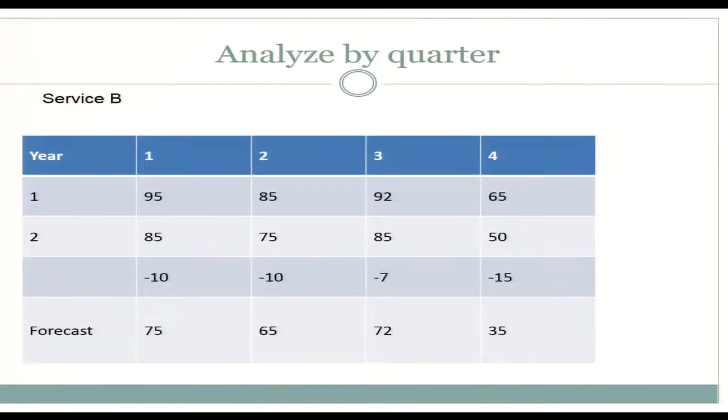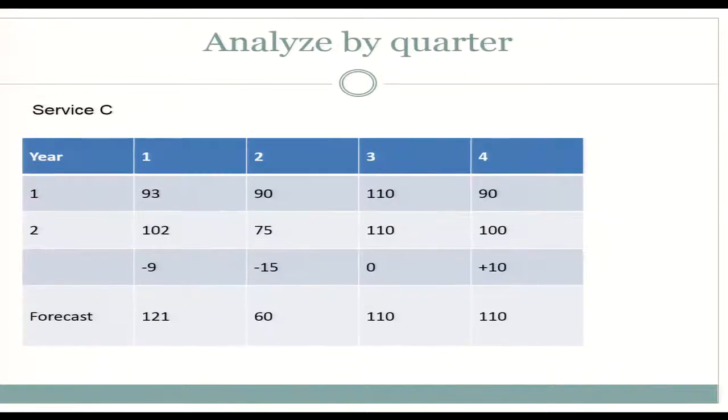So we can see service B, and using the same way, the naive method, we can get that every quarter is decreasing. So I think this service maybe needs to improve. And we can see C. It's mixed. Sometimes it decreases and sometimes it increases.